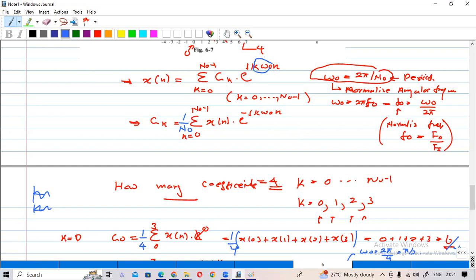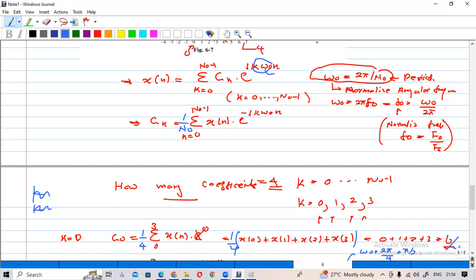So k omega naught, 1 omega naught, 2 omega naught, are very small and very near values. In the earlier case, 100, 200, there is a very big difference of 100. But here the difference will be some decimal value.